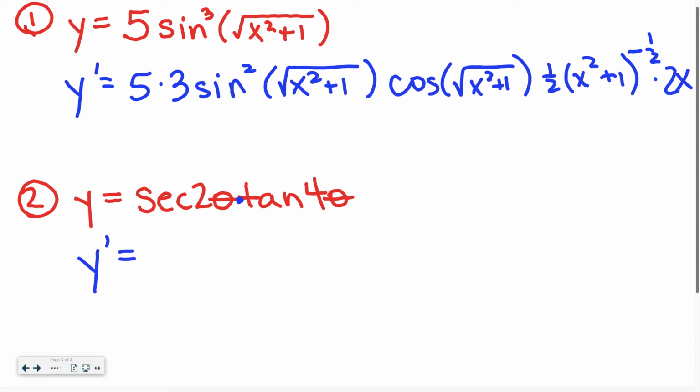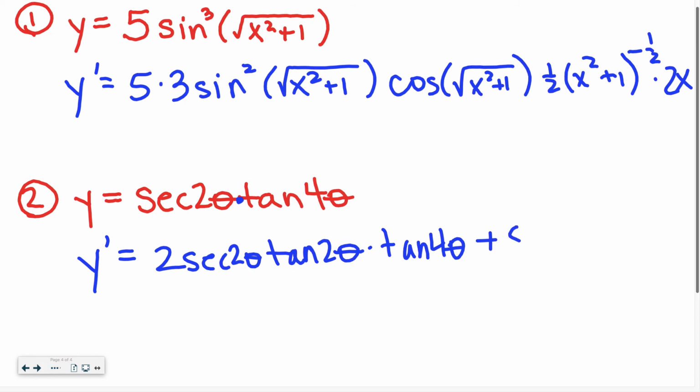Derivative of secant is secant tangent times 2 times the second, plus the first times the derivative of the second, which would be secant squared times 4. Oh, you just had that in? Because it's a chain rule. Since we have 2 theta inside, we have to multiply by 2. Yep.